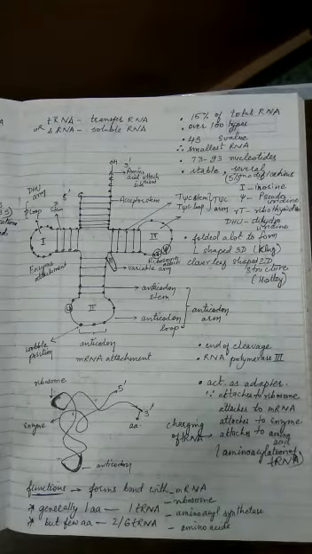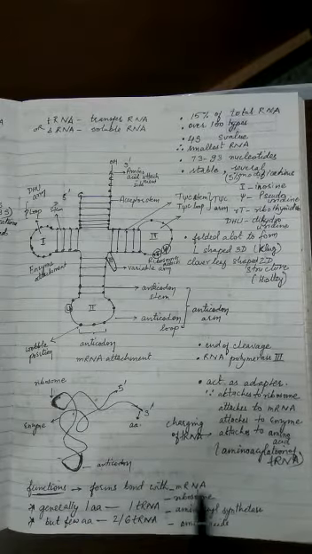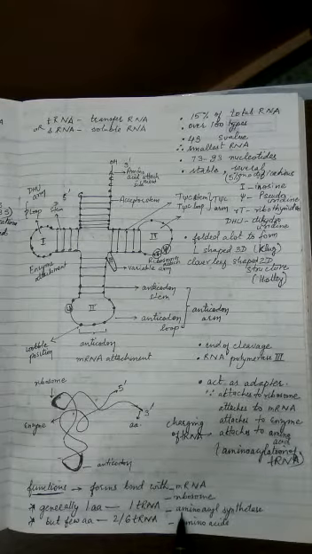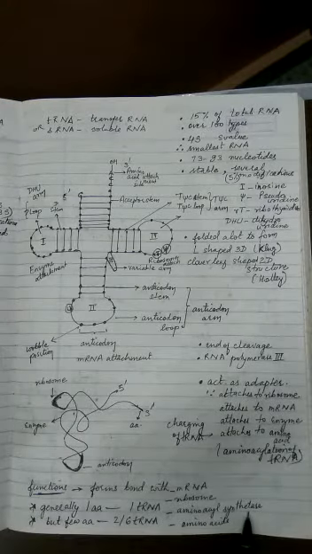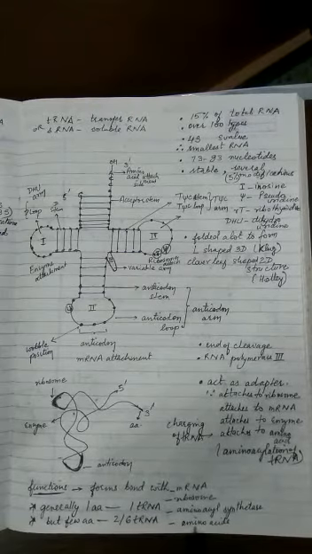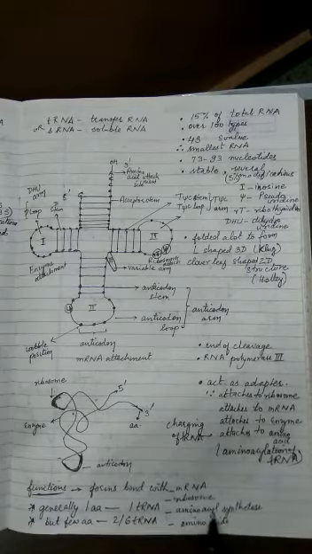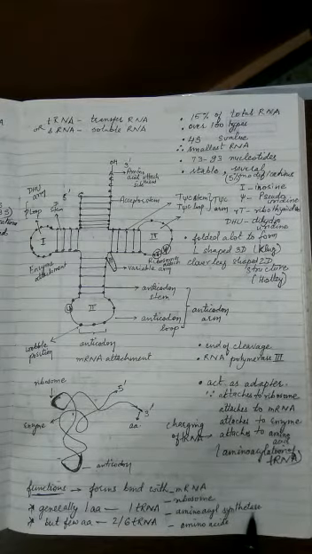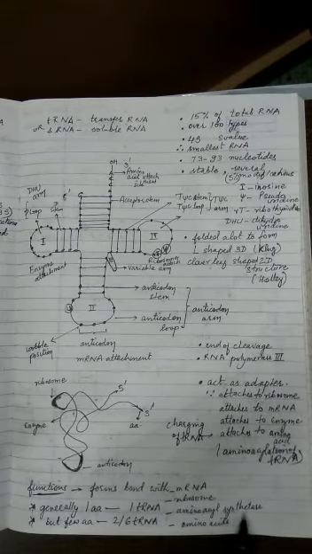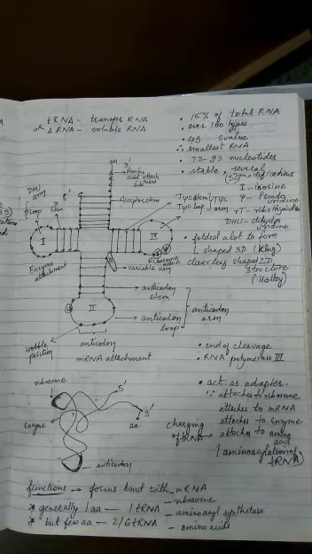The functions of the tRNA are to form bonds with mRNA, with the ribosome, with the amino acyl synthetase enzyme, and to attach with the amino acids. The enzyme amino acyl synthetase is responsible for charging of tRNA, because if this enzyme is there, tRNA successfully attaches with the amino acid.